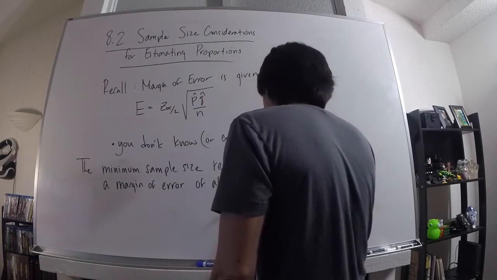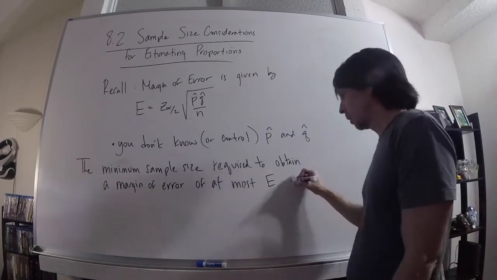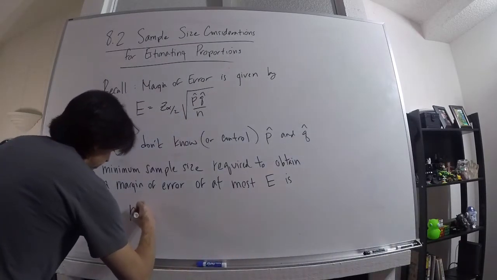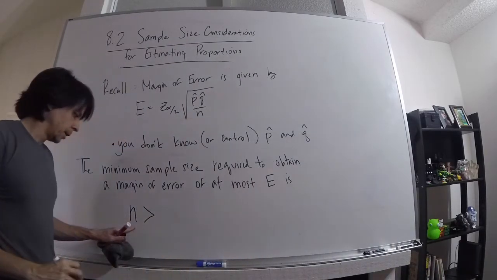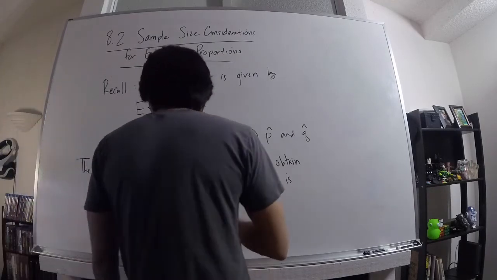So you're going to get it to be E or under, that's the most it can be. And here's the formula you're going to need: N, which will be a whole number, needs to be greater than the computation we're going to do here.